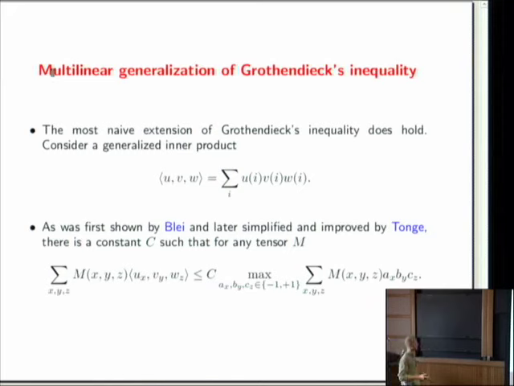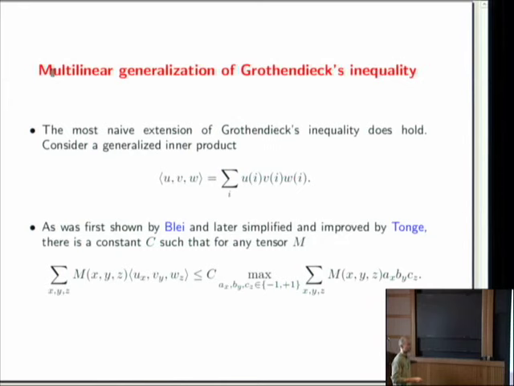Luckily, the most naive extension to Grothendieck that you might want does in fact hold. If you define this generalized inner product of three vectors u, v, and w to be the sum over i of ui times vi times wi, then the analogous statement to Grothendieck does hold.